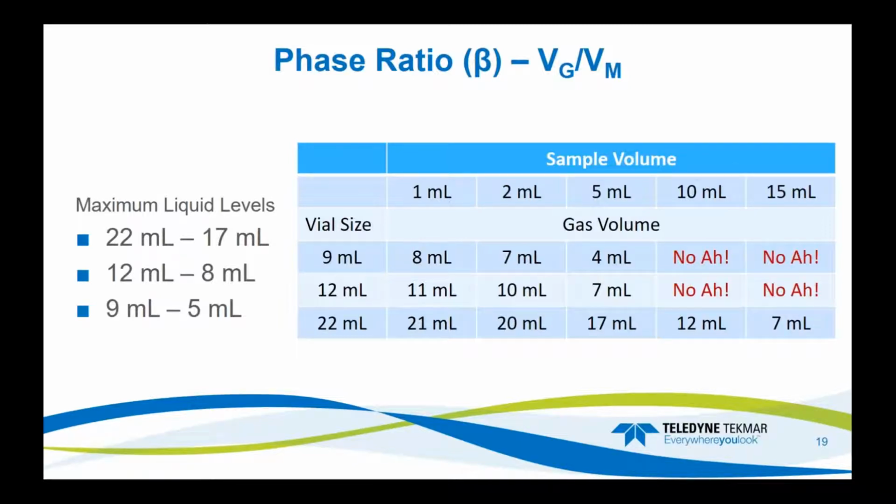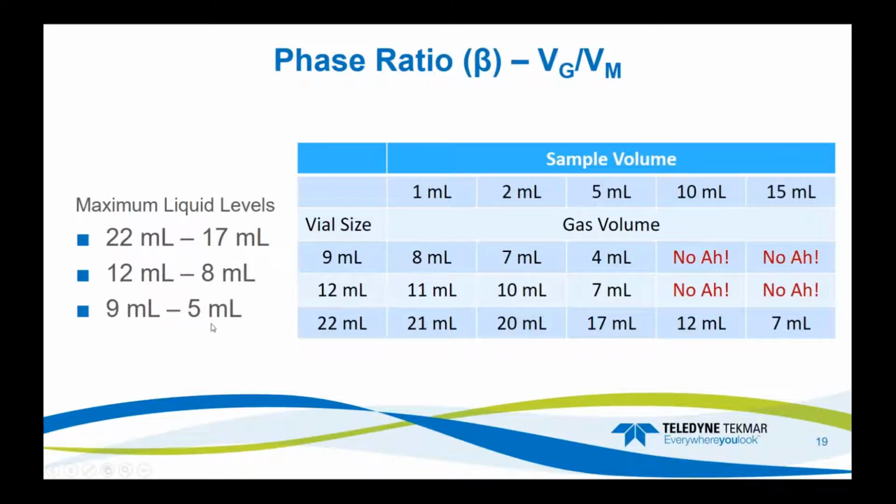In a 12 mil vial, if you put in more than the 8 mils that is allowed, you will push that water up through the system, through the valves, and it'll come out the vent. That's why no, we don't want to flood the HT3, because that'll cause a very expensive repair.